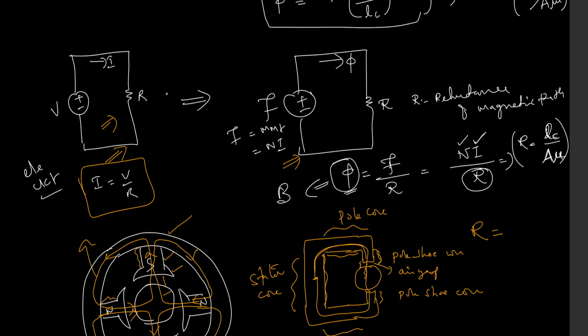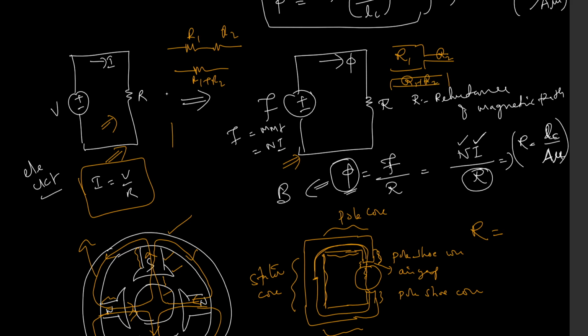For example, if two resistors R1 and R2 are in series, their equivalent resistance will be R1 plus R2. Similarly, if two mediums have different reluctances R1 and R2, then the overall reluctance from here to here will be R1 plus R2.